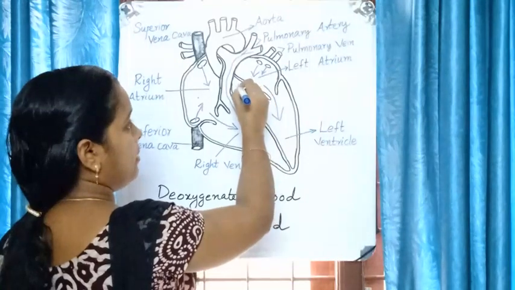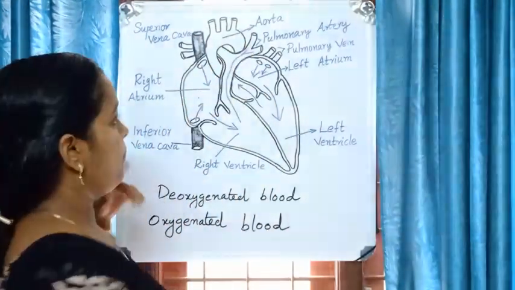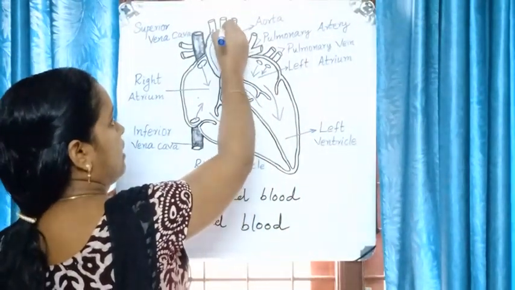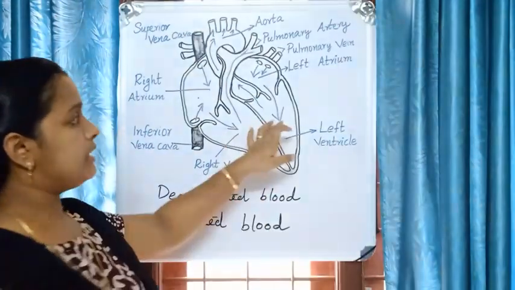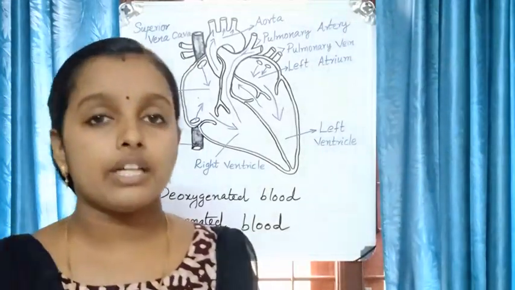is another blood vessel, that is the aorta. Through this blood vessel, this oxygen rich blood will transport into different parts of the body.